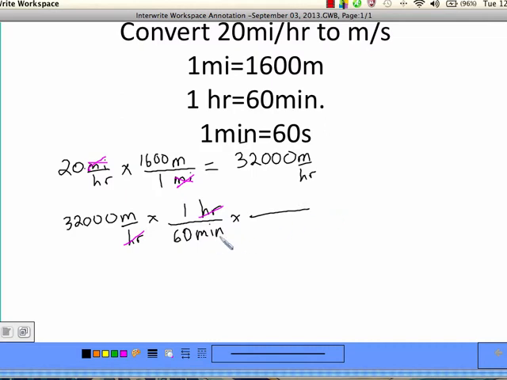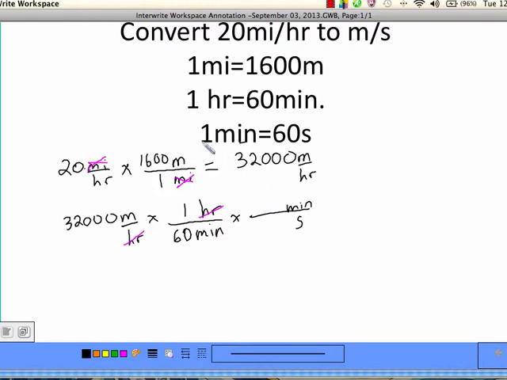If we have minutes down here in the denominator, we can put minutes up here in the numerator, and that will cancel the minute unit out, and we can replace it by looking up here. We're given minutes and we want to convert it to seconds, so we're going to put seconds in the denominator.